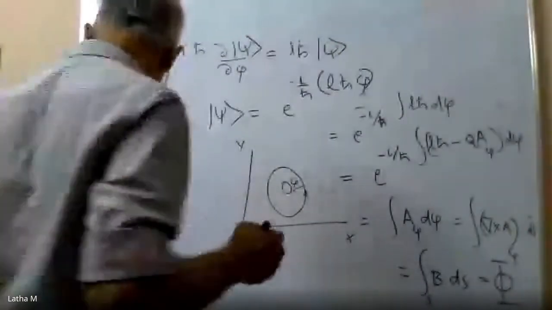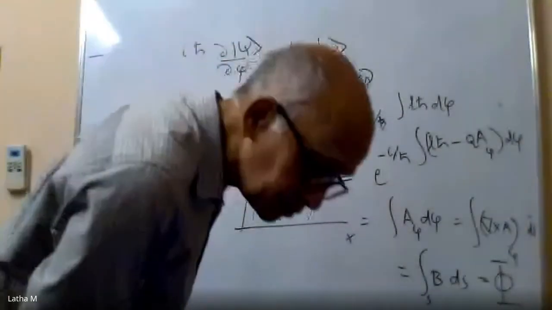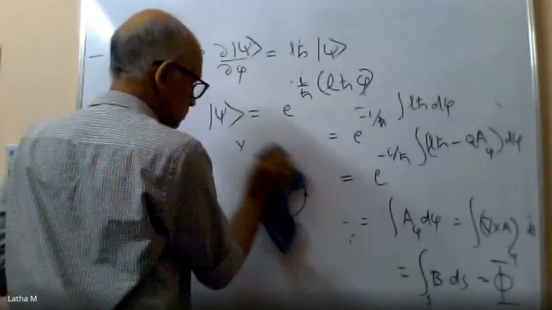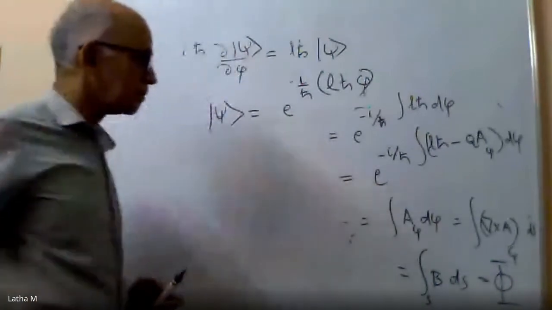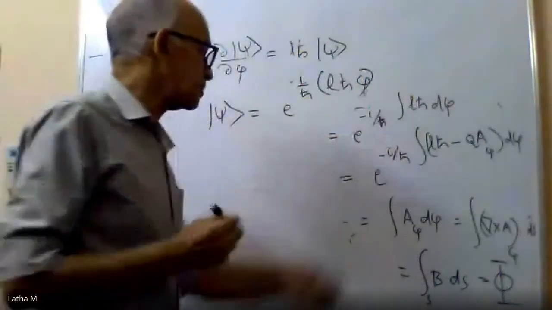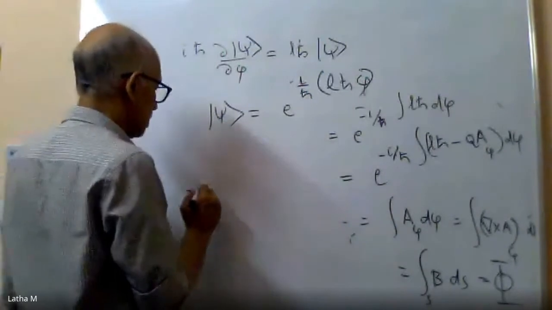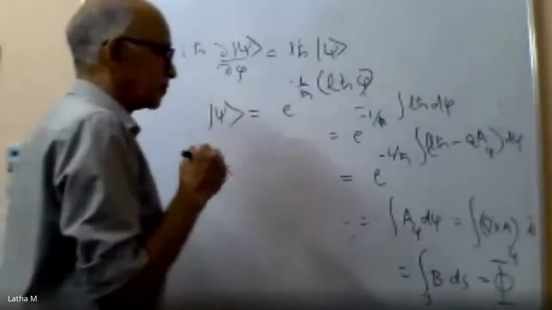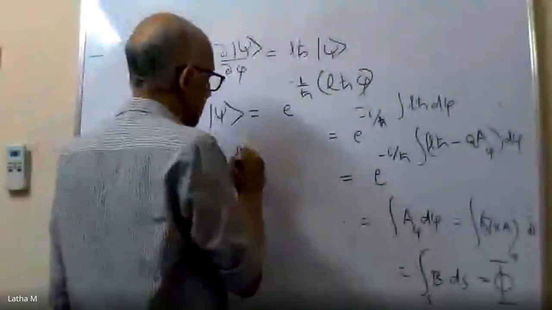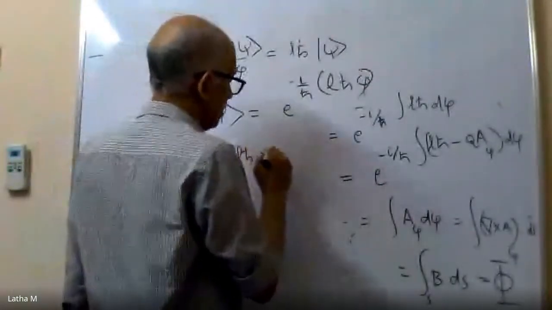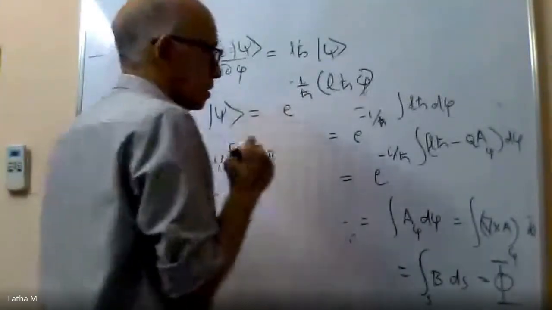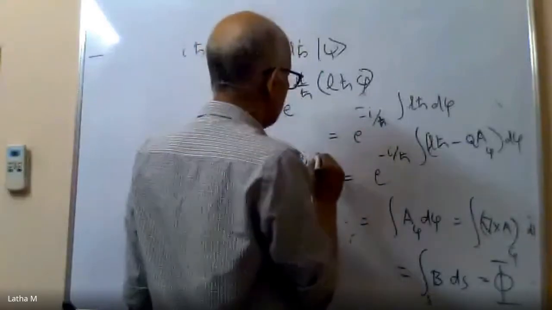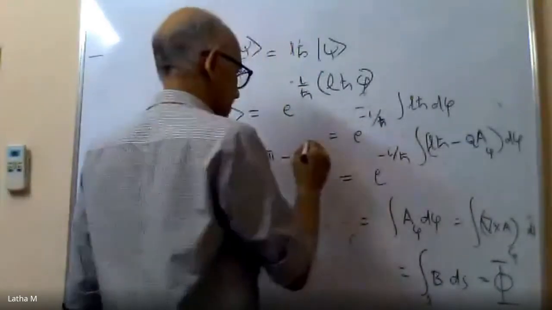Then we can say that for a full circle, this equation becomes exponential minus i by h cut L h cut into 2 pi minus Q into flux phi.